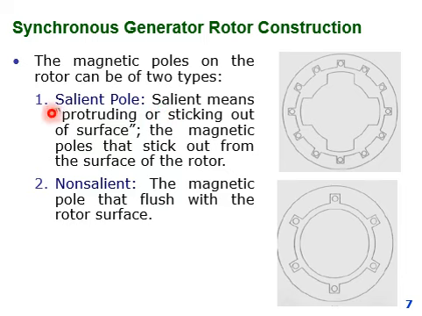One is the salient pole. Salient means protruding or sticking out of the surface. These are the magnetic poles that stick out from the surface of the rotor, like you can see in this diagram, the magnetic poles are sticking out of the surface.